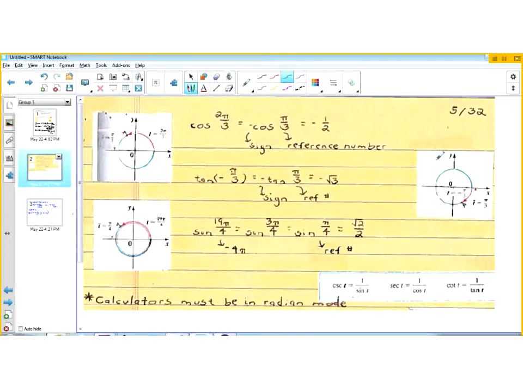The shortest distance from the terminal point to the x-axis is pi over 3. So we replace negative pi over 3 with its reference number, which is pi over 3.